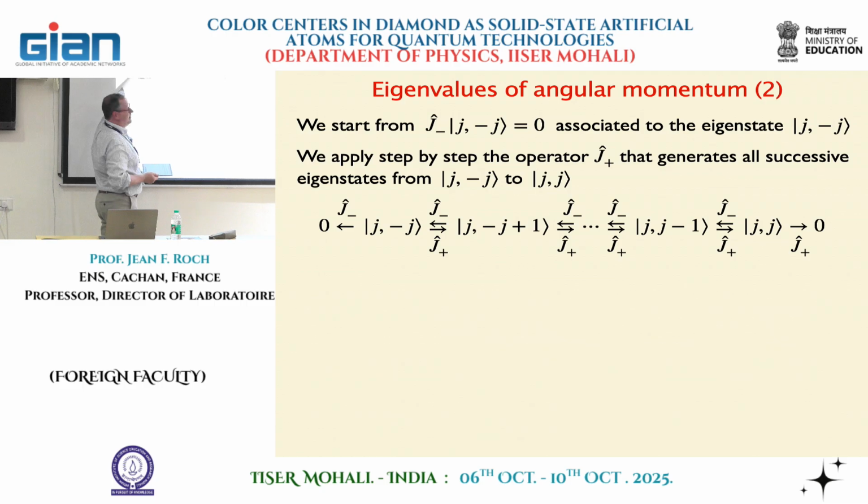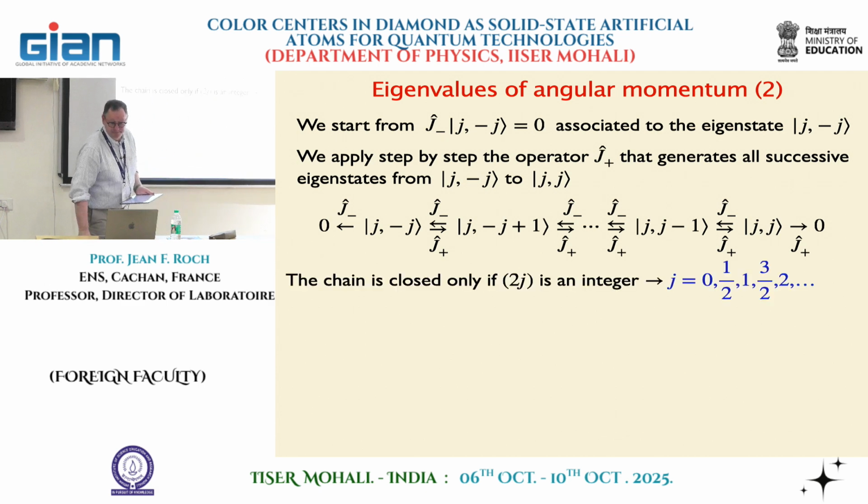If we reapply this operator, then I get 0. I can again start from this, apply J plus, and go up to j as the maximum value. So I have this chain of values, and it has to be closed. To close it, we just need to count the number of steps, which is 2j. So this is a closed chain only if 2j is an integer.